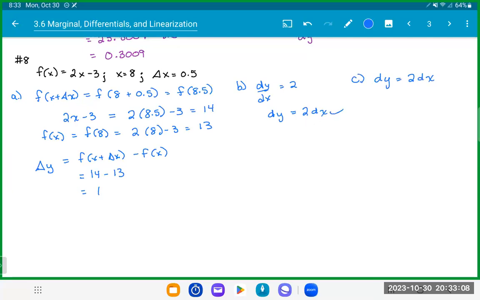We're really just taking this, moving it up, substituting in what we know. We know that we don't have any x's, so we are just at 2 times my change in x, which is 0.5. Therefore, my dy is equal to 1. Okay? Questions?